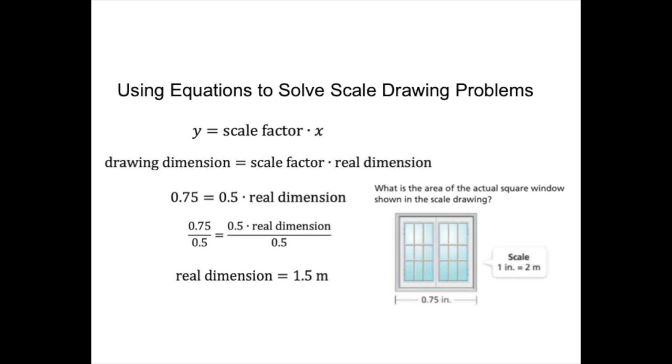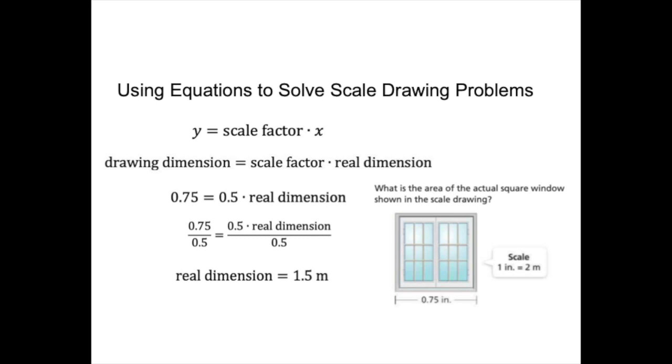So if we continue with that line of thinking, y is equal to the scale factor times x. X is the real dimension, and y is the length of that dimension in the drawing. So in our problem, the length of the window in the drawing is 75 hundredths of an inch, so that goes underneath where it says drawing dimension.